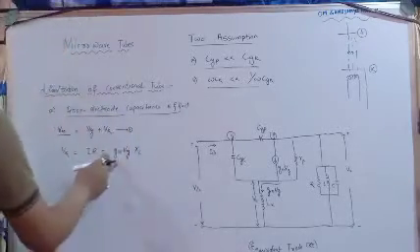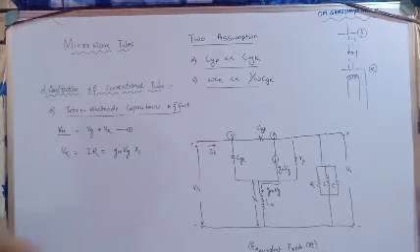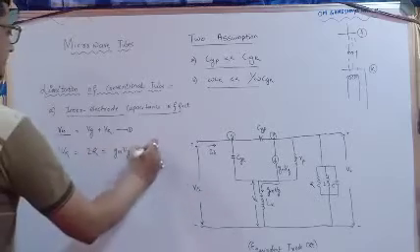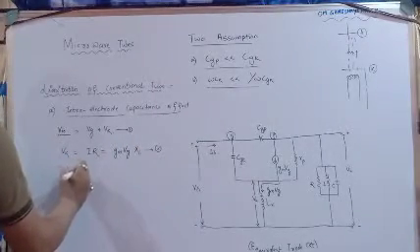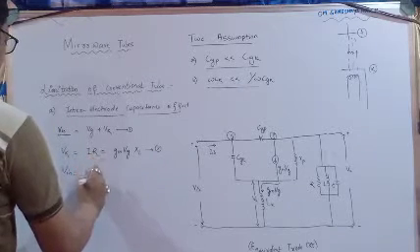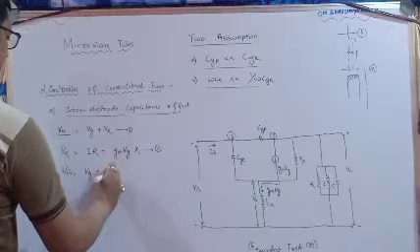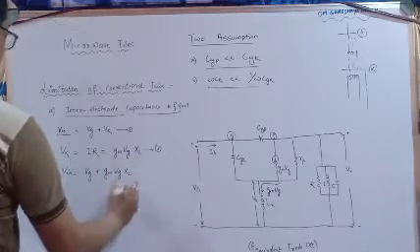So it is Gm Vg into the XL term. Done. Now substitute this value here. This is the second equation. Now Vin is equal to Vg plus Gm Vg into XL.